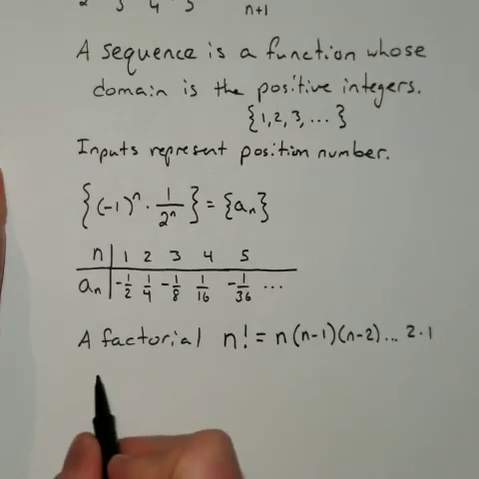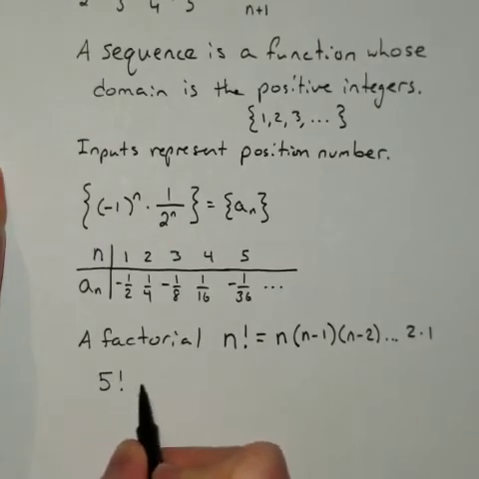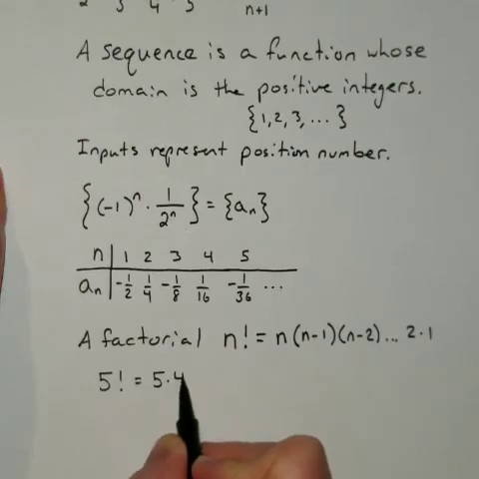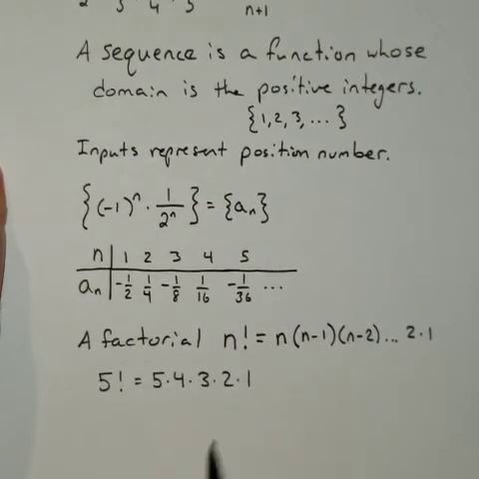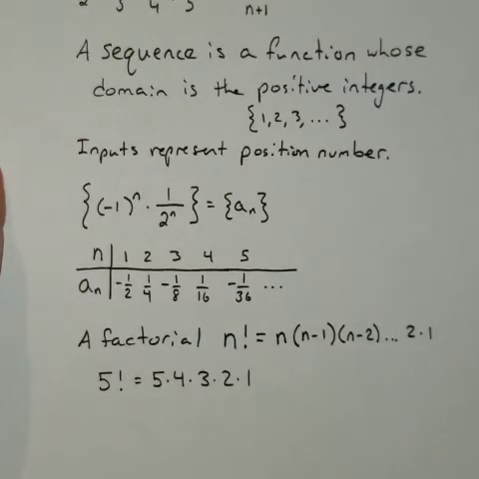For instance, just a basic one, 5 factorial is simply 5 times 4 times 3 times 2 times 1. Okay, so a factorial is simply the number multiplied by every whole number less than it, down to 1. Now these numbers get very big, obviously.